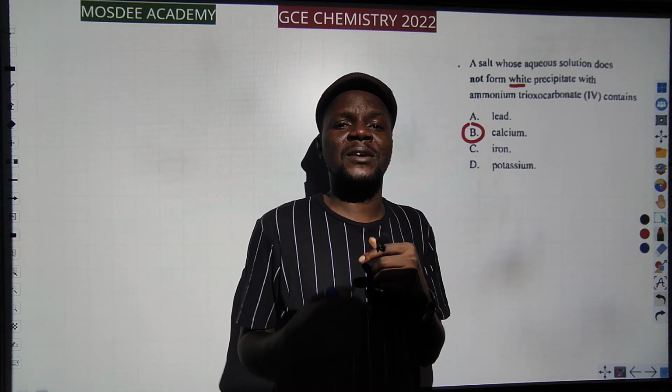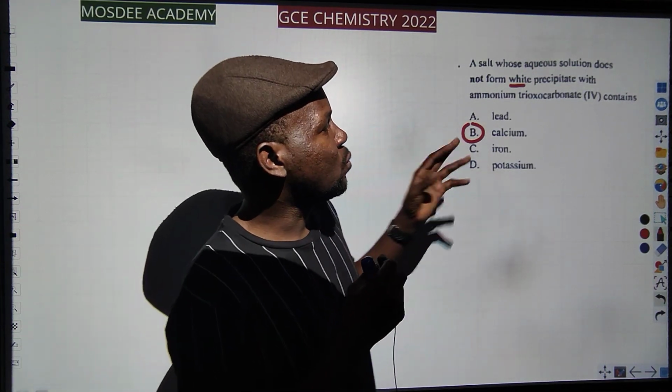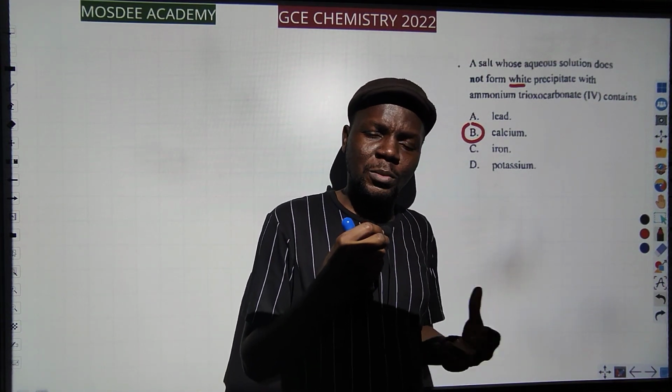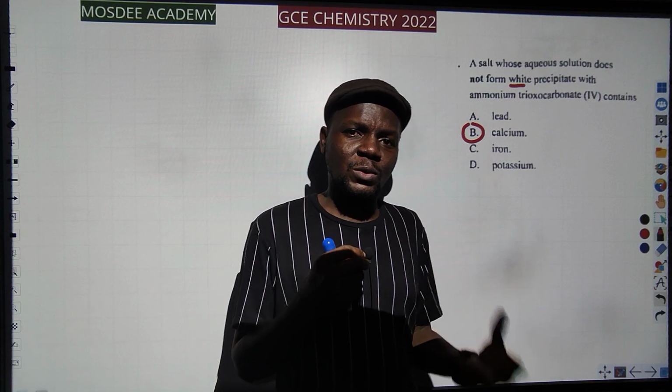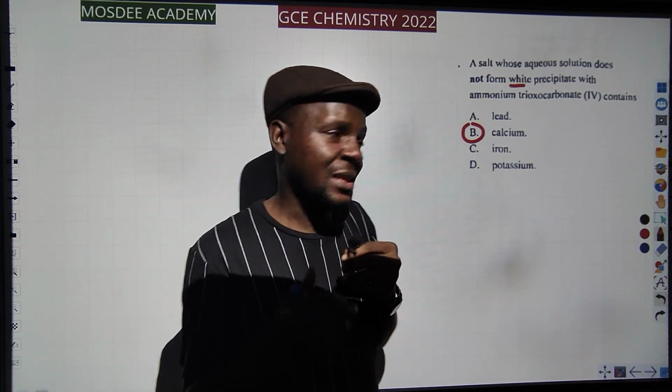Calcium does not react with ammonia, and does not give any precipitate with ammonium. It's simple because calcium salt is sparingly soluble in water. So when that occurs, it will form a kind of layer that will not dissolve completely. Because of that, it does not form any precipitate.